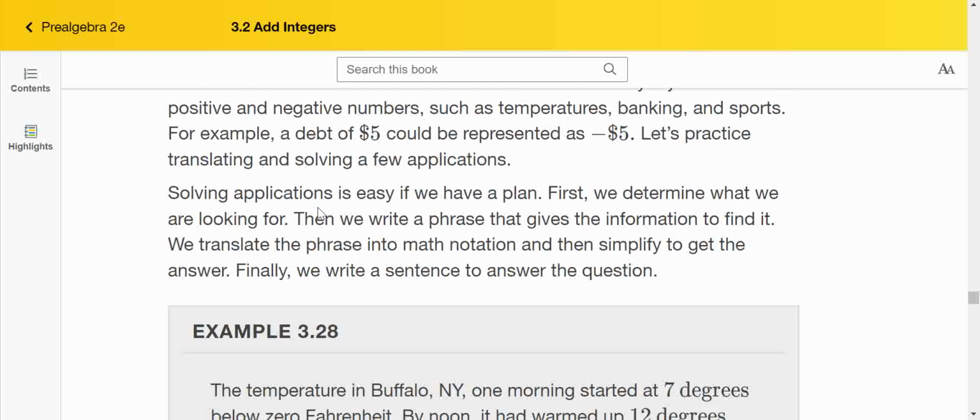Solving applications is easy if we have a plan. First, we determine what we are looking for. Then we write a phrase that gives the information to find it. We translate the phrase into math notation and then simplify to get the answer. Finally, we write a sentence to answer the question.